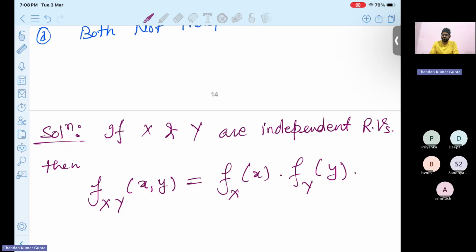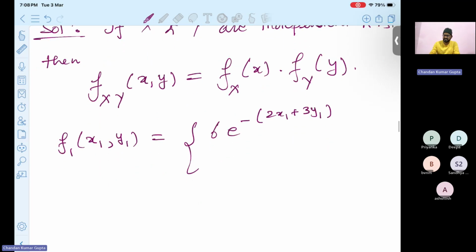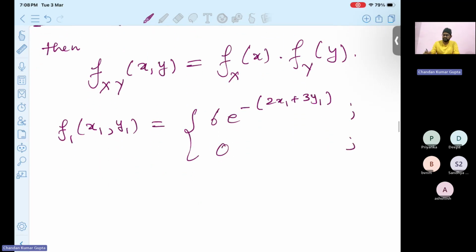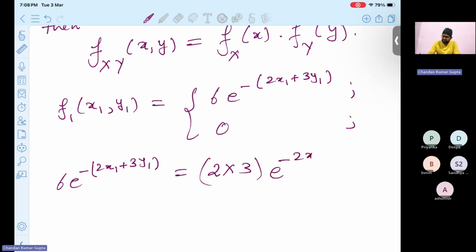Using this concept, let's start with f1 of x1, y1, which is 6 e to the power minus (2x1 plus 3y1), and 0 otherwise. That comes out to be 2 into 3 e to the power minus 2x1 into e to the power minus 3y1.